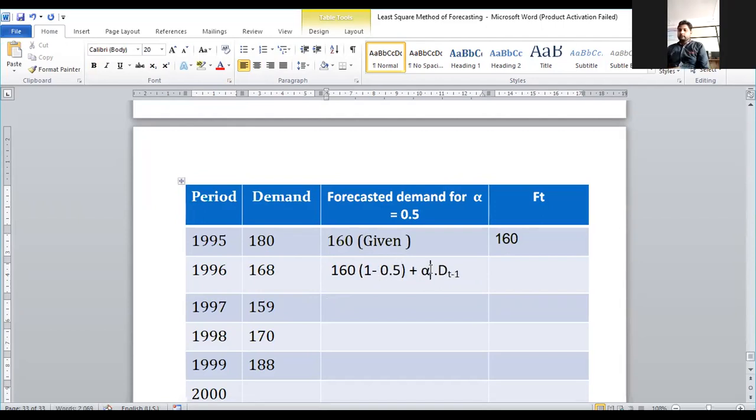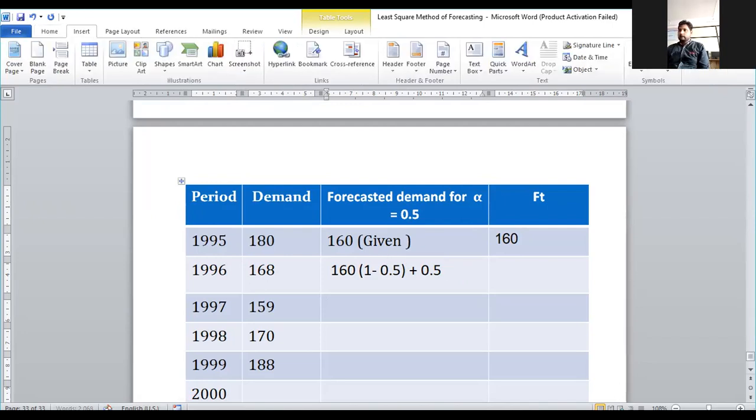Here also alpha is 0.5, and d suffix t minus 1 is the actual demand of the previous period, that is 180. Whatever value you get from the calculation, you can write in this column.